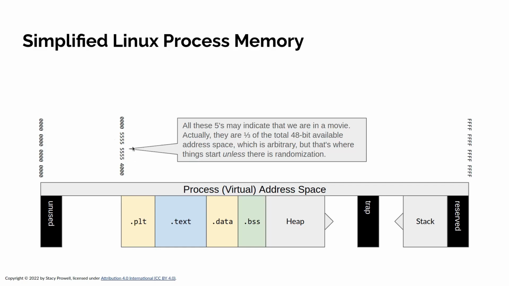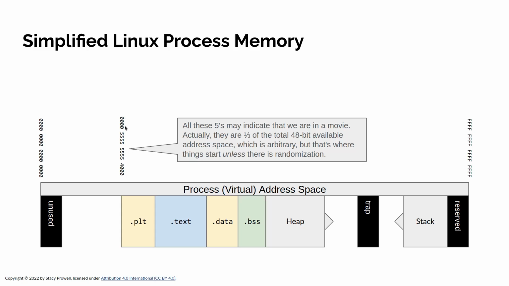And all these fives might indicate that we're in a movie because everything is fives, but really this is about a third of the address space. 5 times 3 is 15, so this is about the 1/3 point of the address space. It's arbitrary, but that's where it is. You can specify other stuff when you link, but if you don't specify, this is typically where you end up.